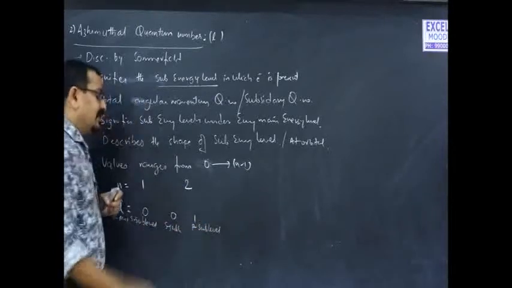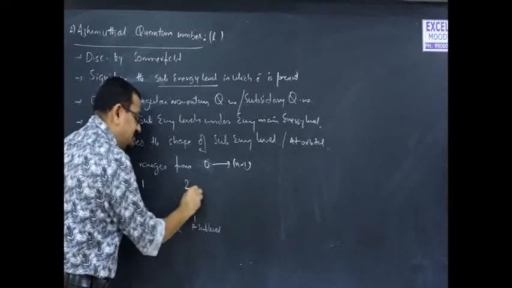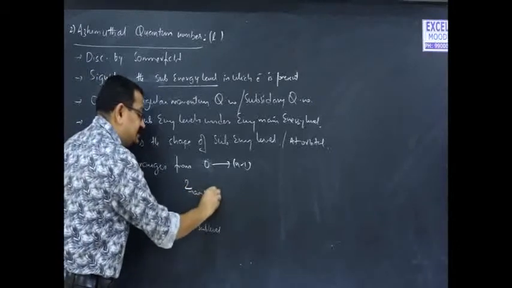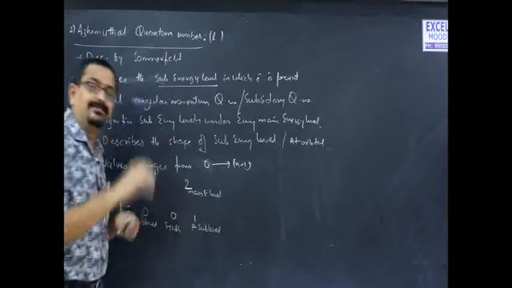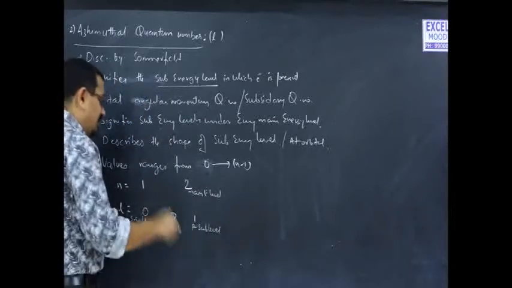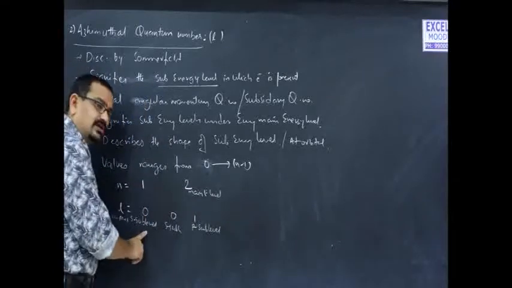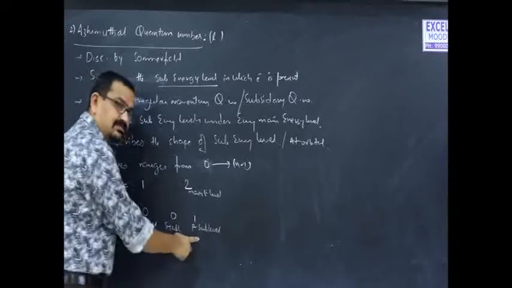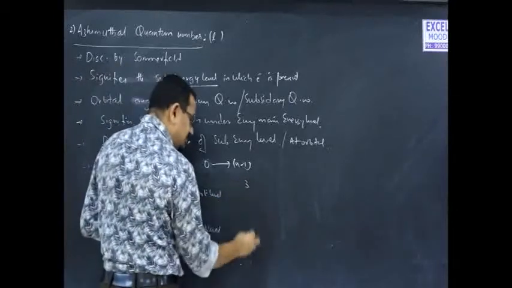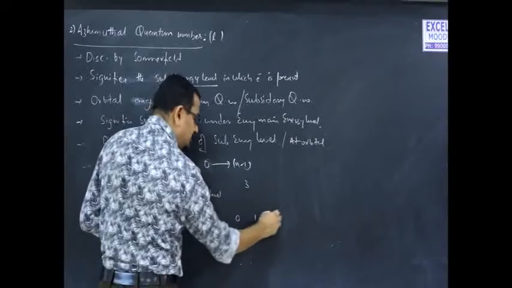In this way, under every main energy level, the presence of several sub-energy levels is described by the Azimuthal quantum number. Under 1 there is only one sub level, under 2 there are 2 sub levels, under 3 there are 3 sub levels, 0 to 3 minus 1.